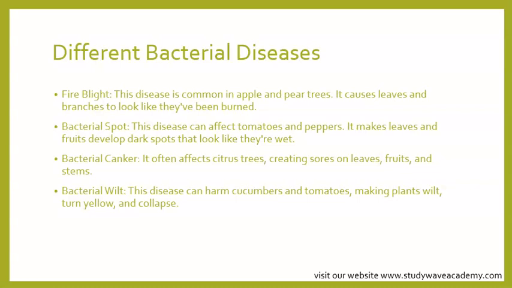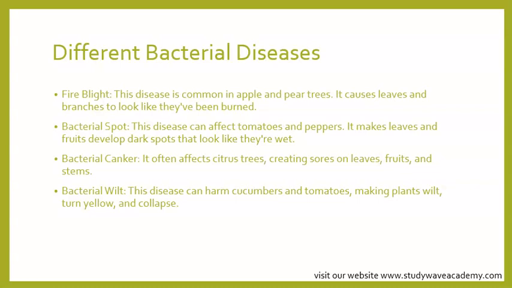Bacterial wilt. This disease can harm cucumbers and tomatoes, making plants wilt, turn yellow, and collapse. This disease can affect a range of plants, including crops like cucumbers and tomatoes.